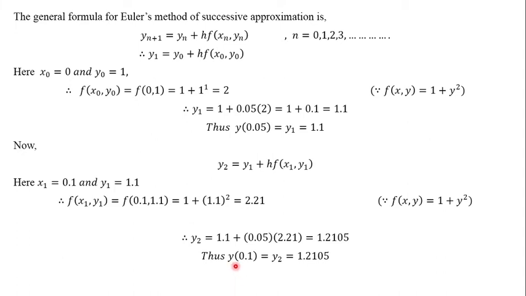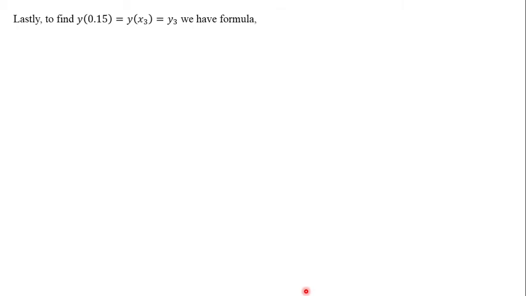Thus y2 is nothing but y at x2. x2 is 0.1. So y at 0.1 is 1.2105. Now to find y at 0.15, so that is your y at x3.